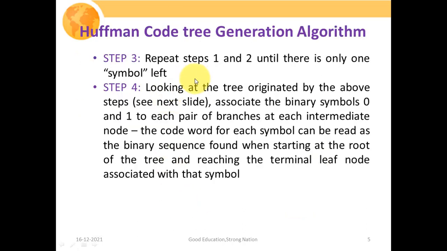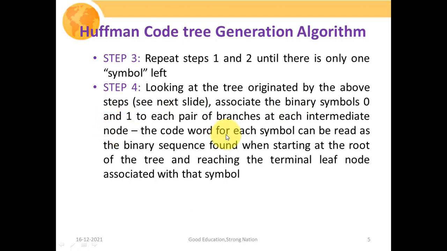So in our third step, we have to repeat steps 1 and 2 until only one symbol is left. So we have to continue these procedures until we are left with only one symbol. Now step 4: looking at the tree originated by the above steps, associate the binary symbols 0 and 1 to each pair of branches at each intermediate node.